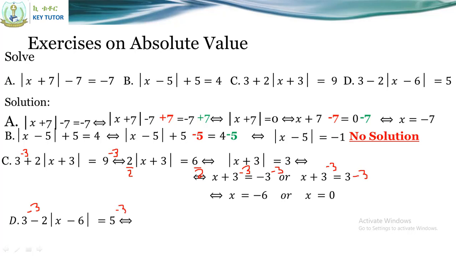So in that case 0 minus twice the absolute value of x minus 6 is equal to 5 minus 3, which is 2. Thus negative 2 times the absolute value of x minus 6 equals 2. Now the next thing you need to do is you divide both sides by negative 2.